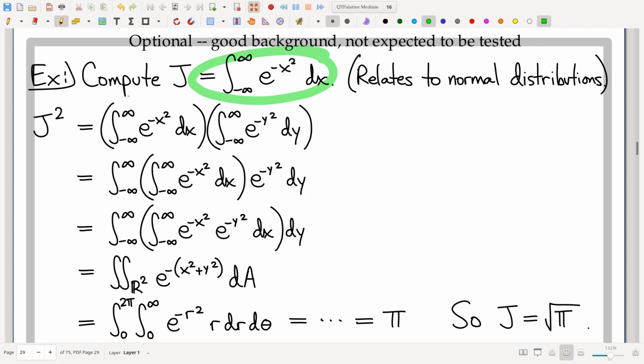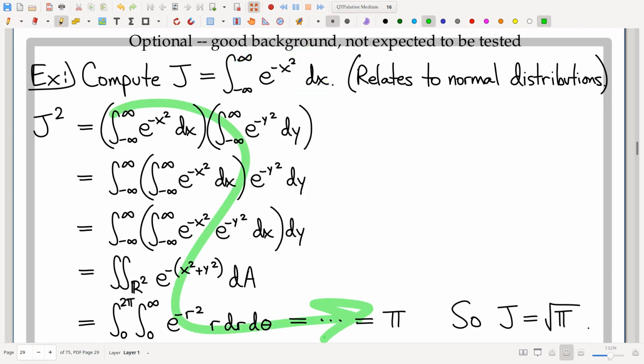Anyway, there is no antiderivative without using power series. But nevertheless, even without an antiderivative, we can compute the integral by a really, really clever trick. That's demonstrated here. I encourage you to take a look, but you don't have to. It's not part of the course, but it's a very cool calculation. Sort of a historic level of cool calculation.